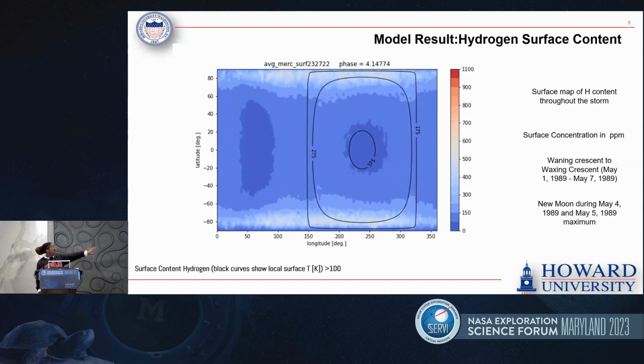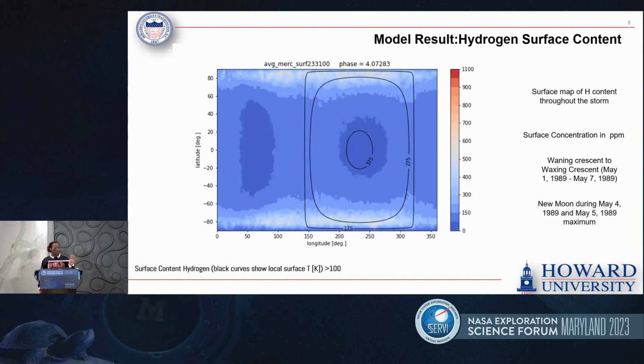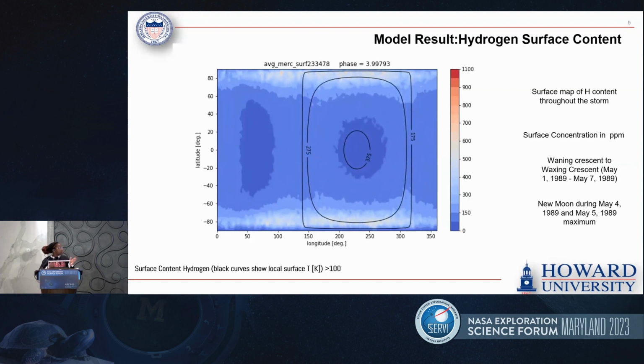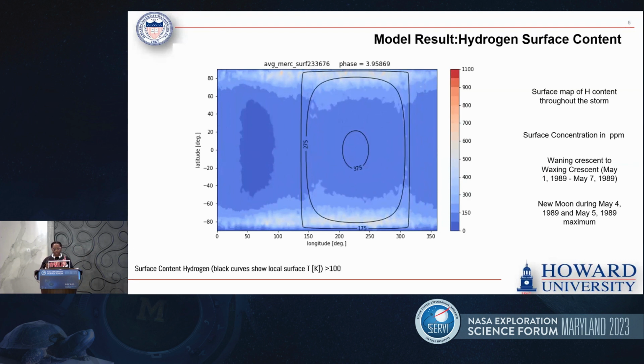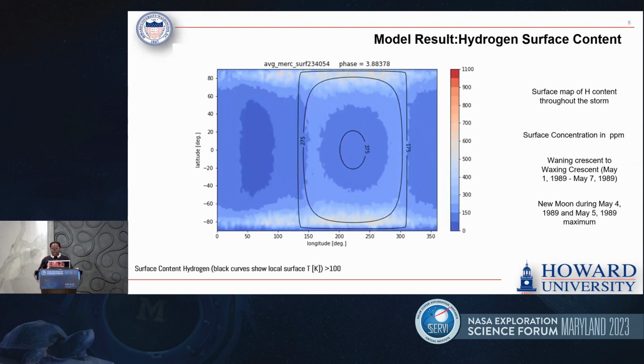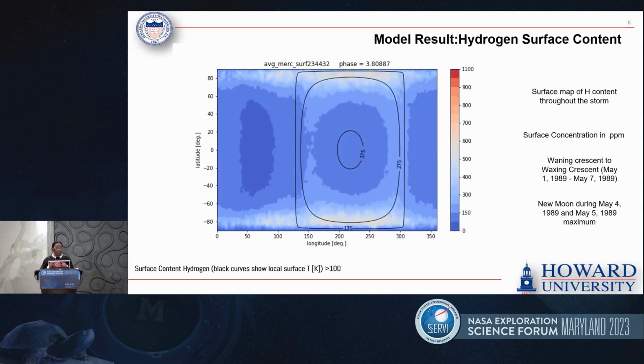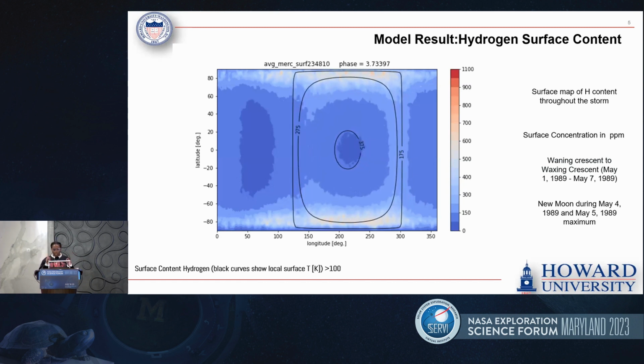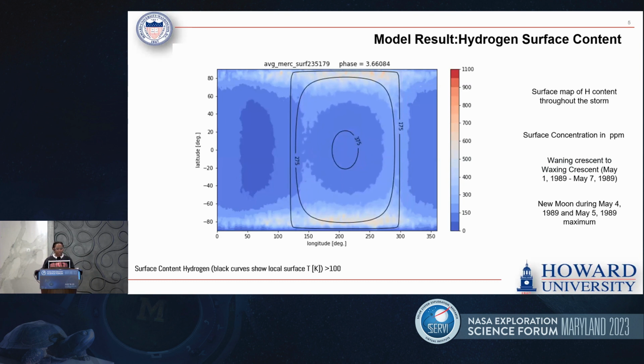And this period right here, when the black areas, which represent the daytime of the moon, stop, is May 1st through May 7th, which is the exact time that the solar storm was occurring. There were significant amounts of changes that we could witness on Earth, in fact, during May 1st through the 7th, with the maximum on May 4th.